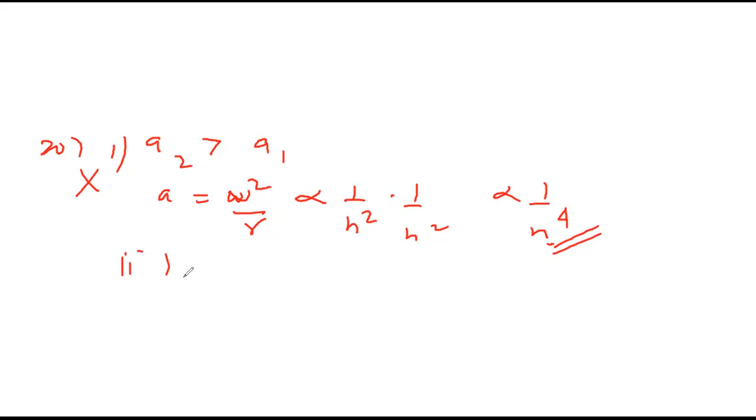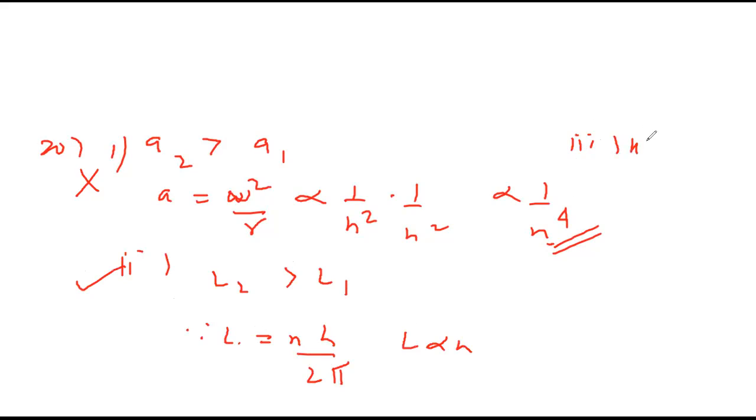Second part, angular momentum L2 is more than L1. L is nh upon 2 pi. So L is proportional to n. This is correct. Third one.